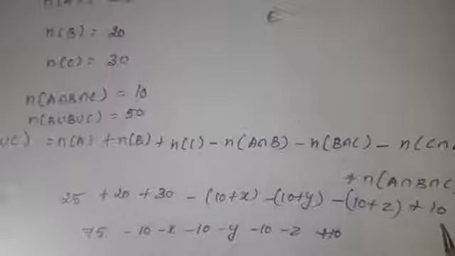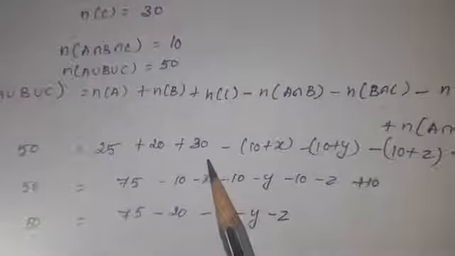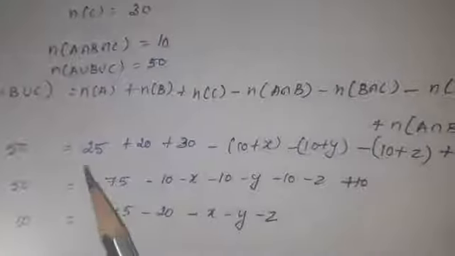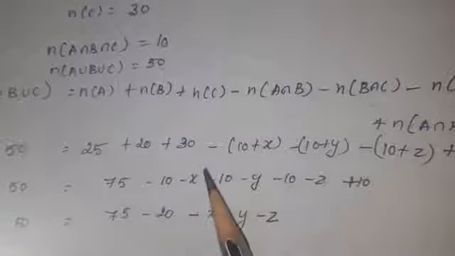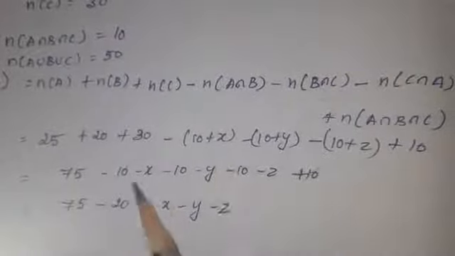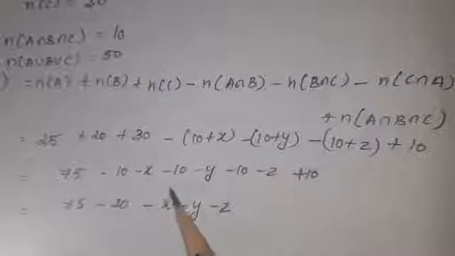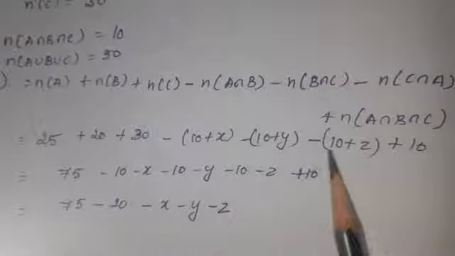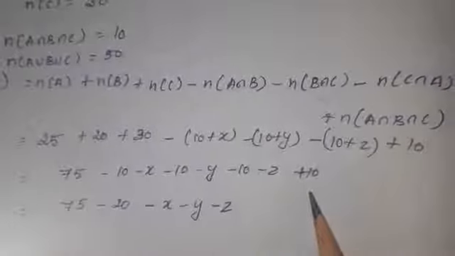Here you should write 10. Next, 50 is equal to, you add this one, you will get 75. 25 plus 20 plus 30, 75. This one and minus is taking inside the bracket, so minus 10 minus X. Here also you take inside that minus 10 minus Y. Next also the same process, minus 10 minus Z plus 10.